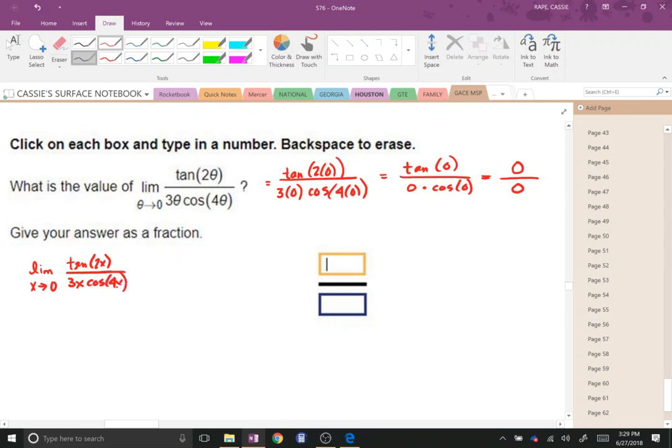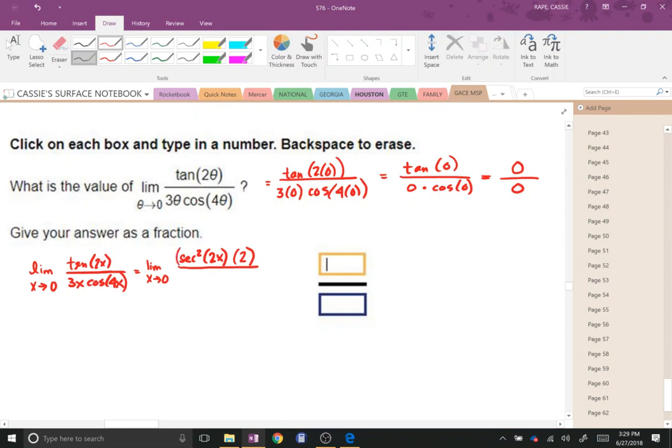Okay, so the derivative of the top, I want you to notice that 2x is a function within a function. So equals the limit as x approaches 0 of, I do the derivative of the outside. The derivative of the tangent is the secant squared of whatever is in there. But then I've got to dig in and find the derivative of the inside. The derivative of 2x is 2.